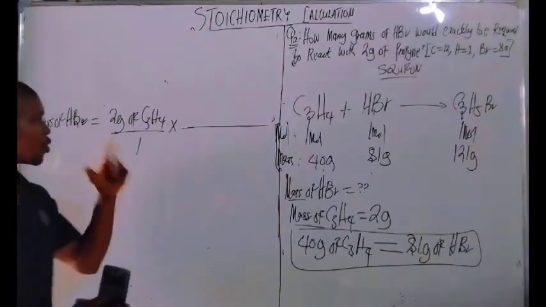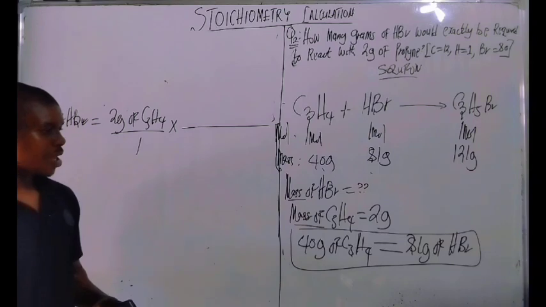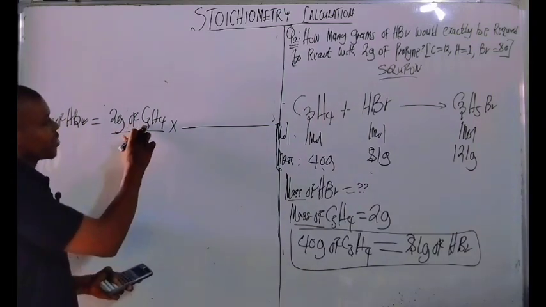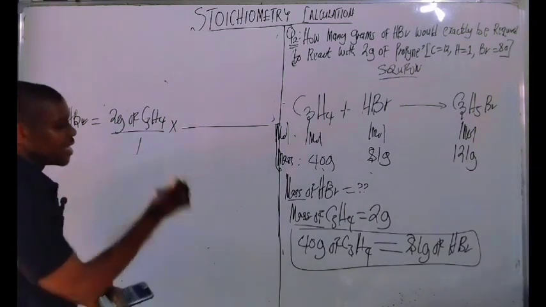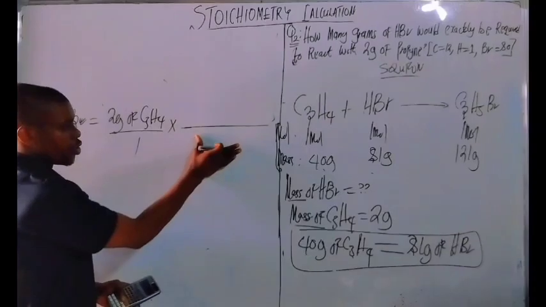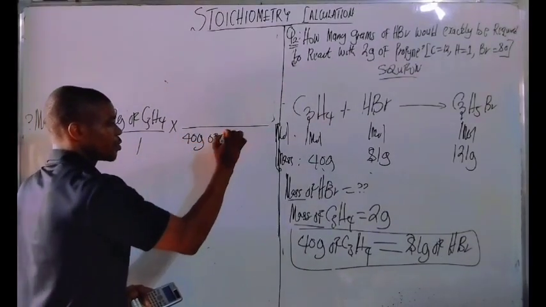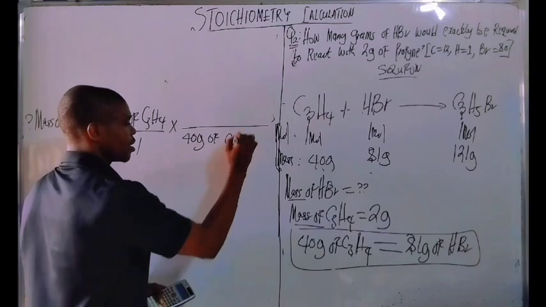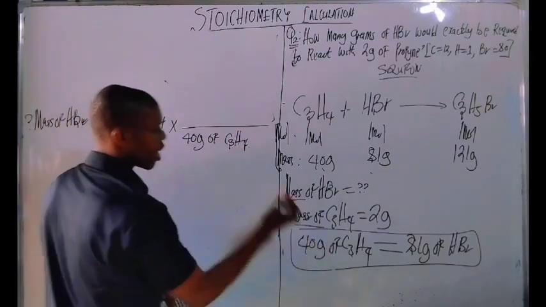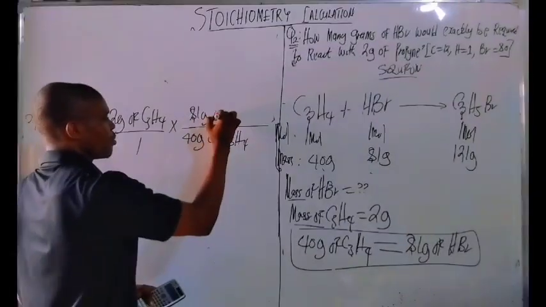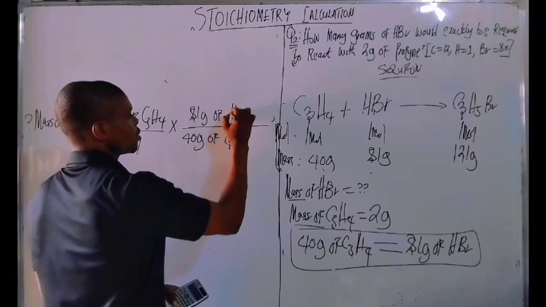Now, which will be at the top and which will be at the bottom? The gram of C3H4 is already at the top here, so you have to bring this one to the denominator. So here I'm going to have 40 grams of C3H4, and 81 grams of HBr.